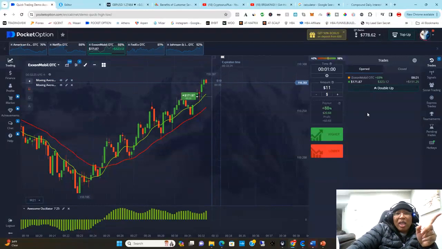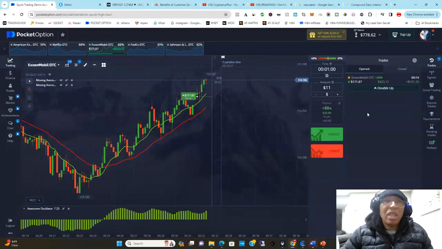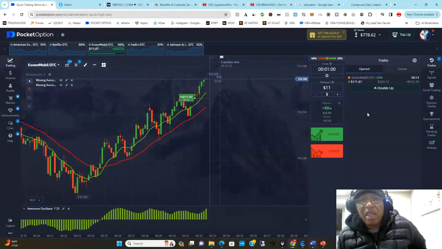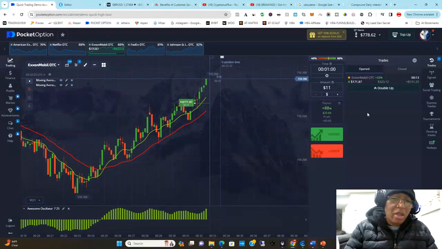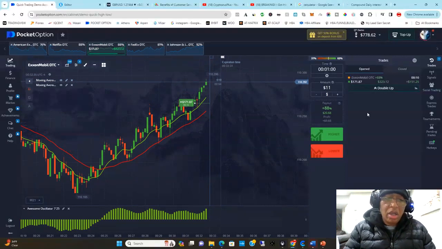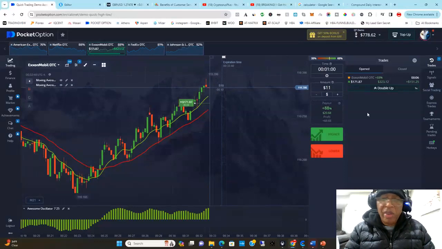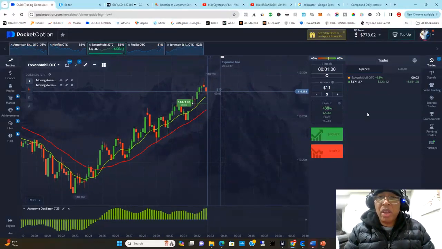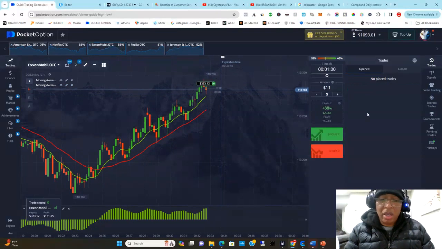Okay, and you guys can see this is in the money. There's no faking these numbers, guys. You can see it's in the money. It's not faking any numbers here. Okay, and it's in the money, guys.